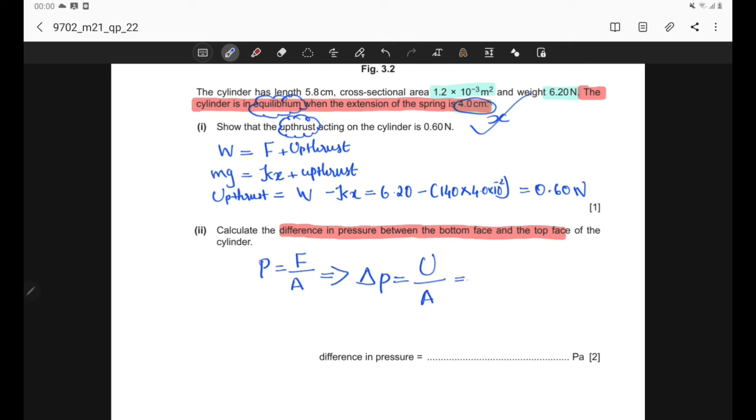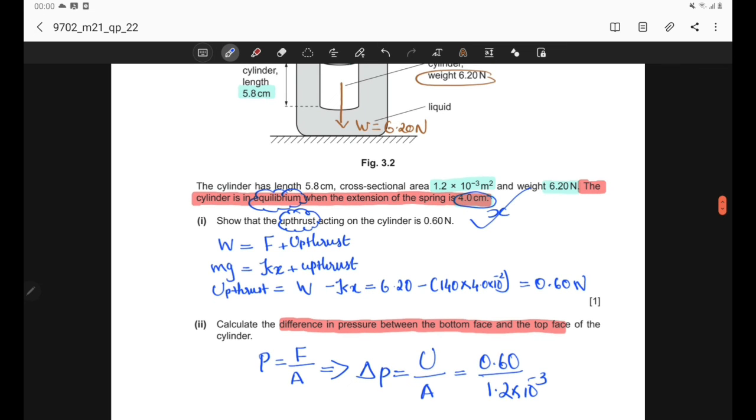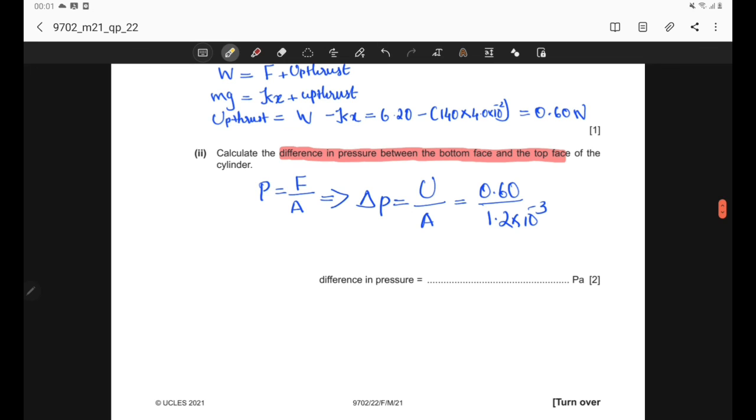So the upthrust force we have already calculated in the previous section, that is 0.60 over area of the cylinder, 1.2 into 10 to the power minus 3, because it's already given in the question, that is area is 1.2 times 10 to the power minus 3. So we can substitute in the equation, and the answer is 500 Pascal.